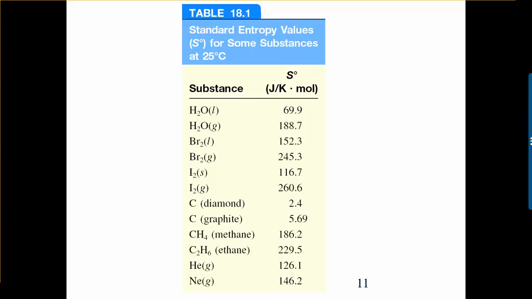And its randomness and disorder is 188.7 joules per Kelvin mole, whereas in the liquid phase, it is 69.9 joules per Kelvin mole. What if I increase the temperature of this water, or of this gas? Would that change this? Yeah, it would be more random, right? It would be even more random. They'd be moving faster and more random. That would increase the entropy of this.